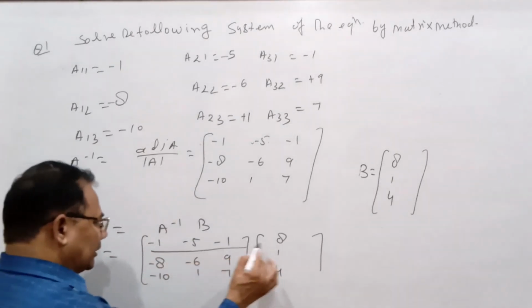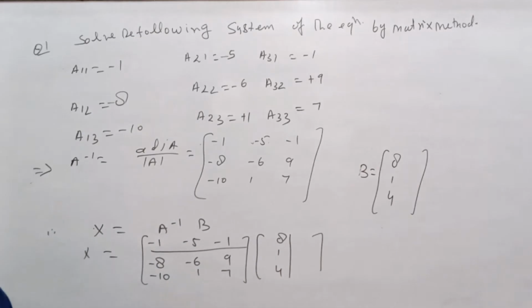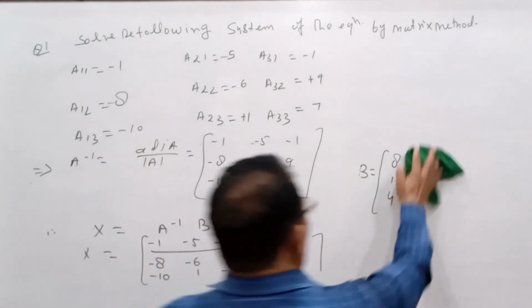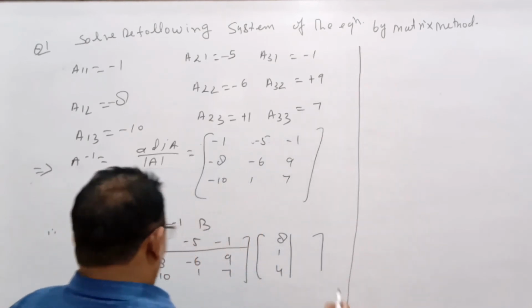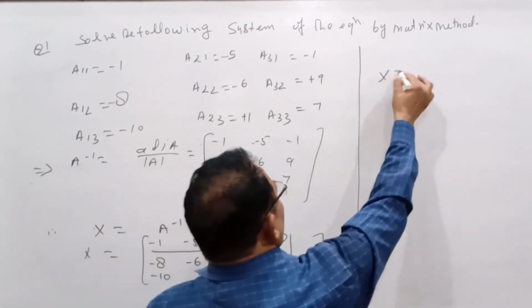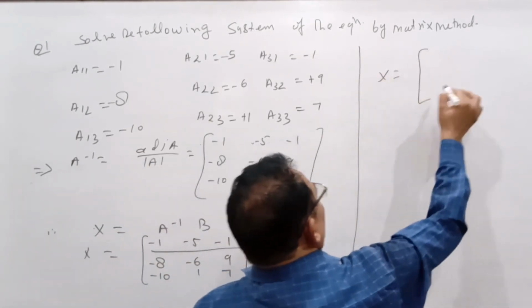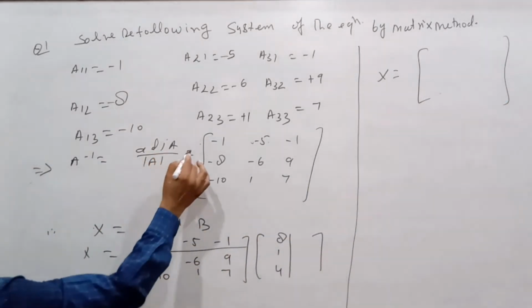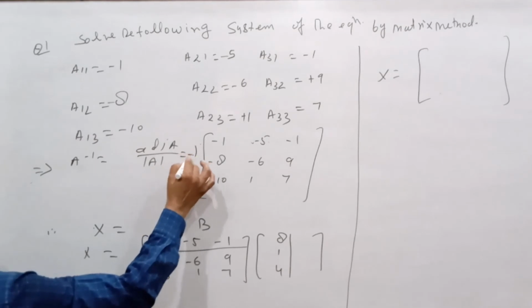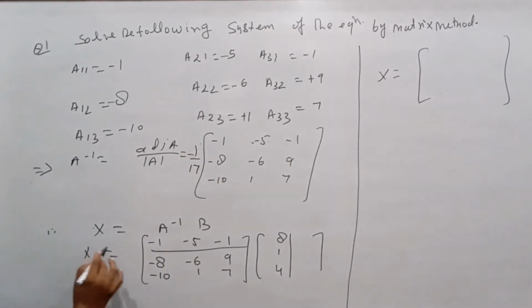Now we find the multiplication of A inverse into B, and then we get the matrix X equal to A inverse B, which is minus 1 upon 17.